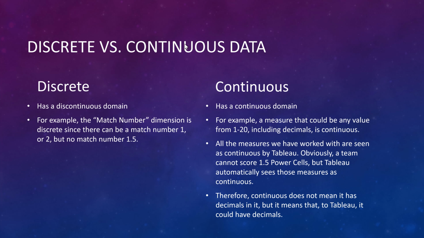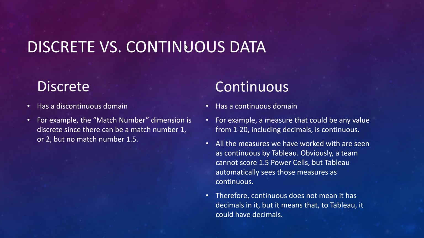So what is continuous? Continuous has a continuous domain. So, for example, a measure that could be any value from 1 to 20, including decimals, is continuous. Now, all the measures we've worked with are seen as continuous by Tableau. Obviously, a team can't score 1.5 power cells, but Tableau automatically sees those measures as continuous.